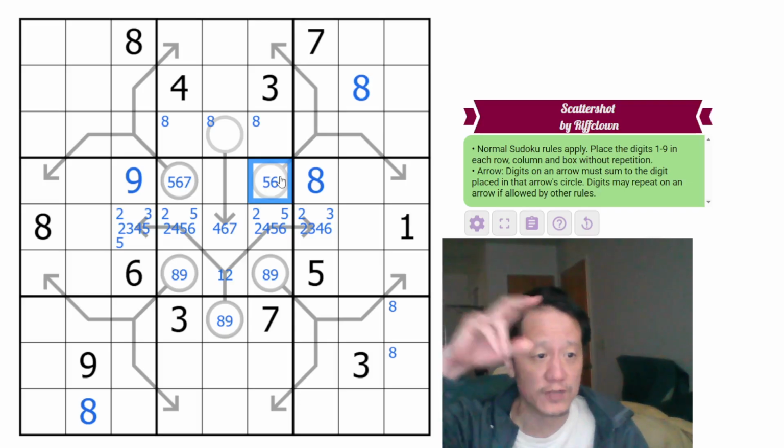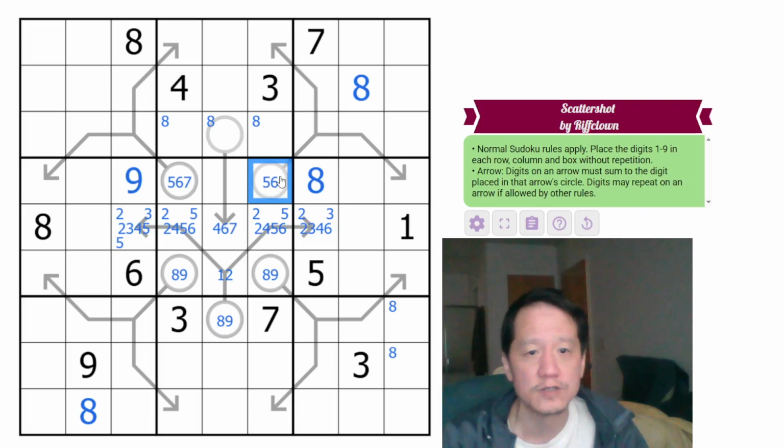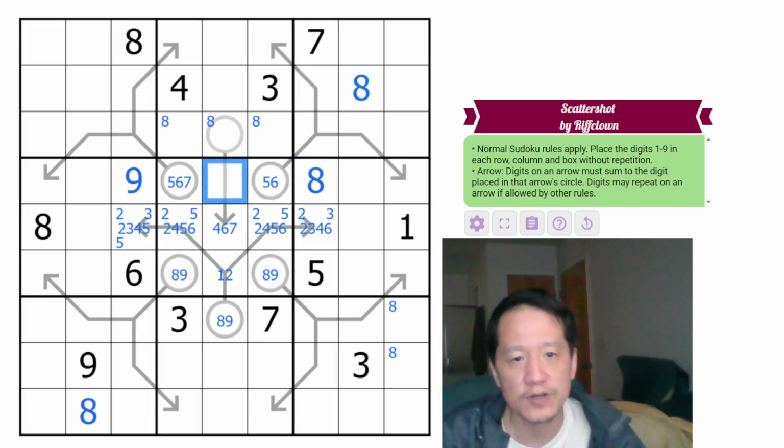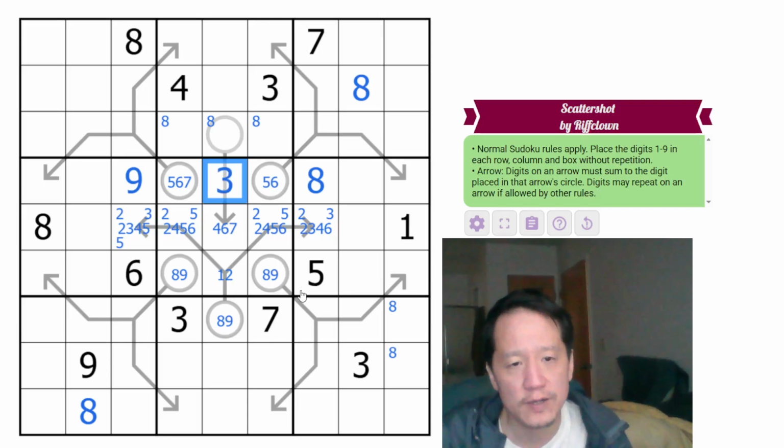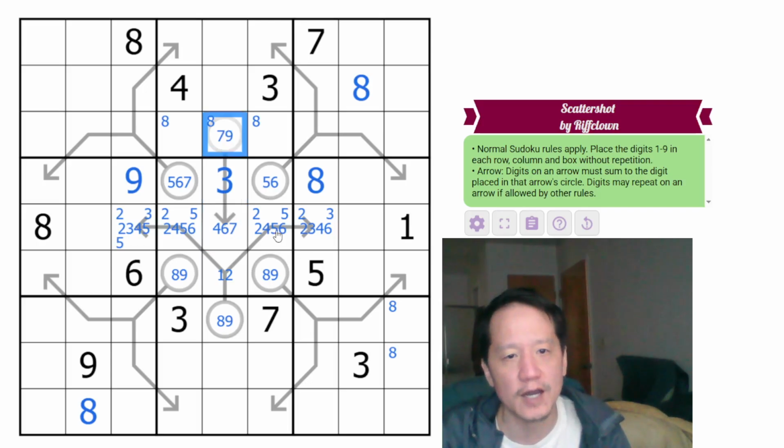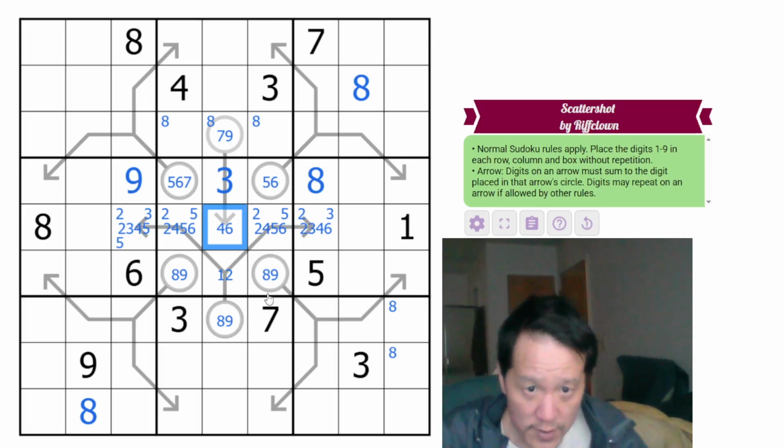And actually, it's specifically 1 and 3 with 1. So therefore, it has to be at least 5. So therefore, this must be a 3. Now, 3 and 4 add up to 7. 3 and 6 add up to 9. And 3 and 7 don't add up together to anything. So this can't be 7.